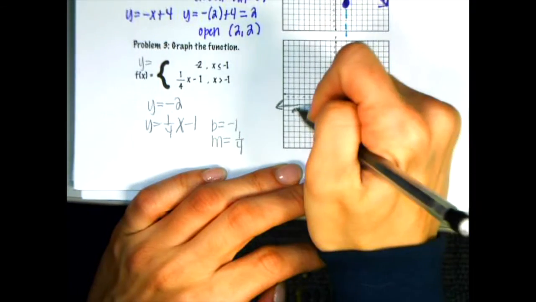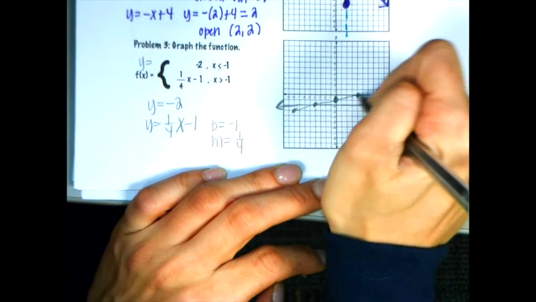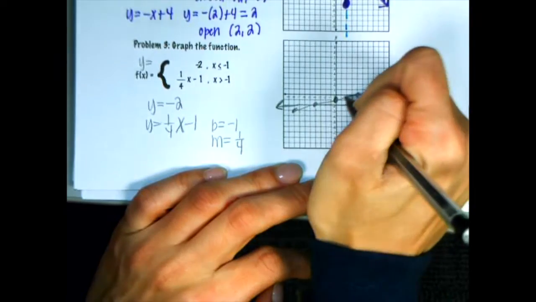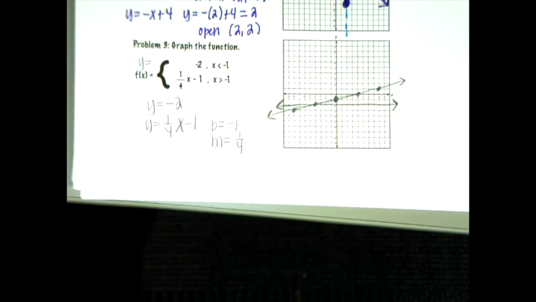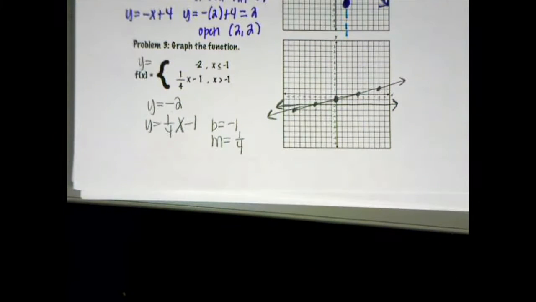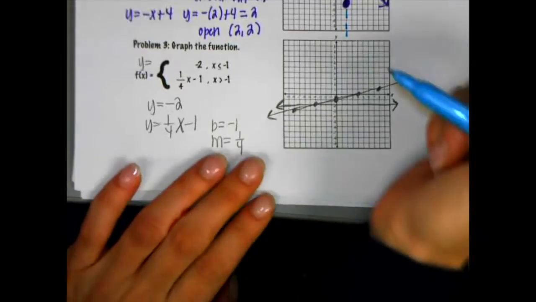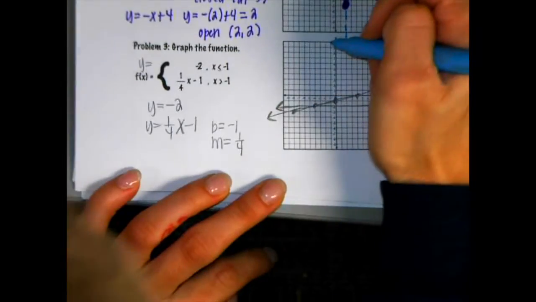Okay. Okay, good so far? Yes? Okay, now what you're going to do is put your line in. So where is my split happening? At -1.